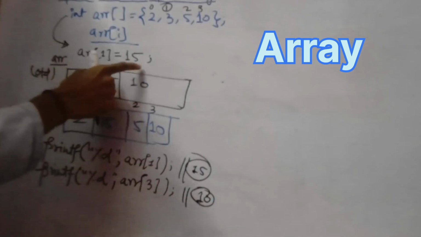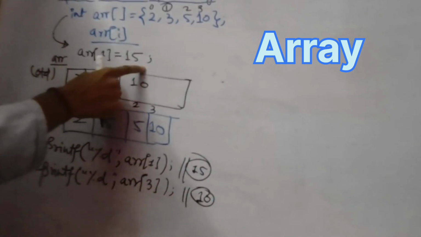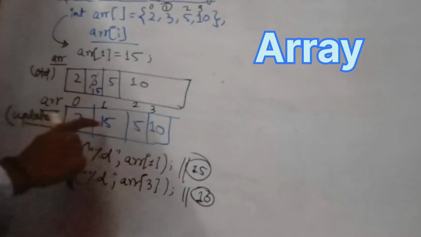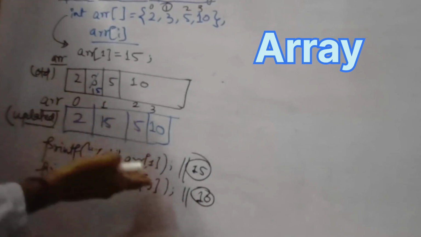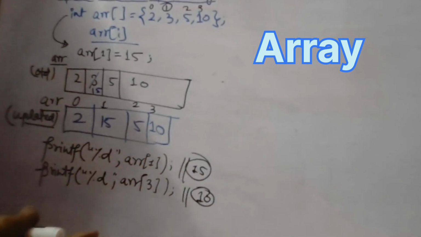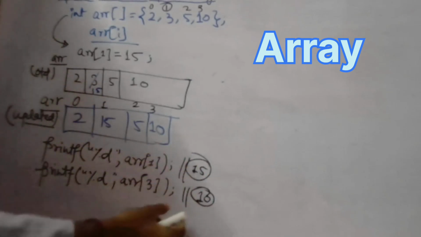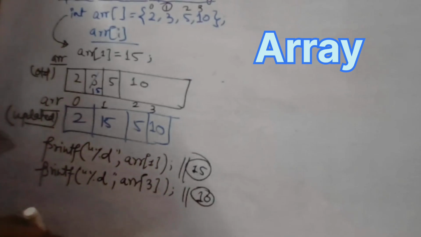Only array of 1 is updated, assigned with 15. So array of 0 will be 2, array of 1 will be 15, array of 2 will be 5, and array of 3 is 10, as you can see in this updated array.